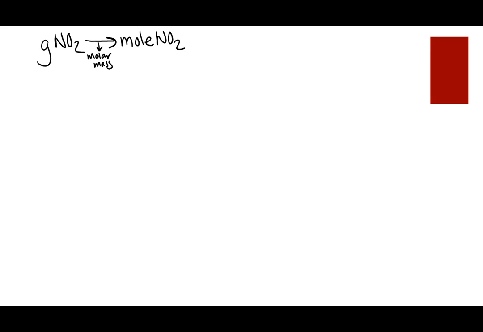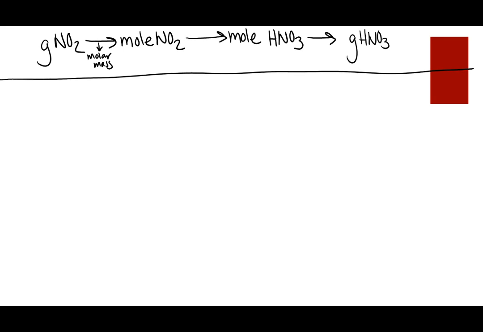Then we're going to go to moles of substance A to moles of substance B. So A in this case was NO2. B in this problem, what is it asking about? It's asking about HNO3. And then lastly, moles isn't terribly useful. We like the unit for grams. So we're going to go from moles back to the unit grams. So grams of HNO3 is our ultimate destination. Okay. All right. So now that we've got our map, let's start diving in.